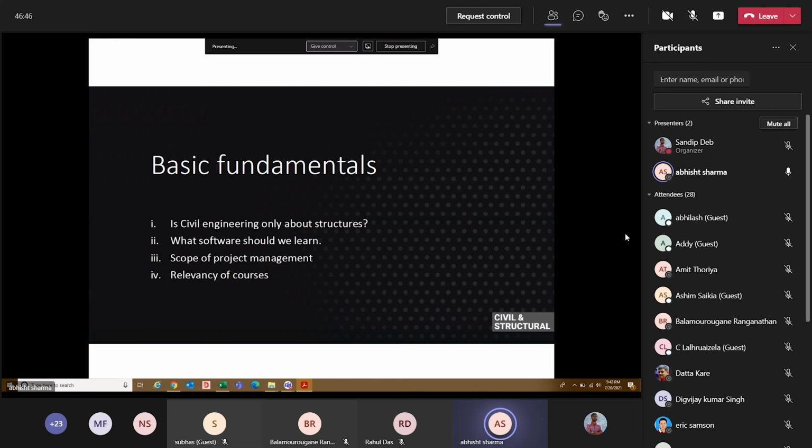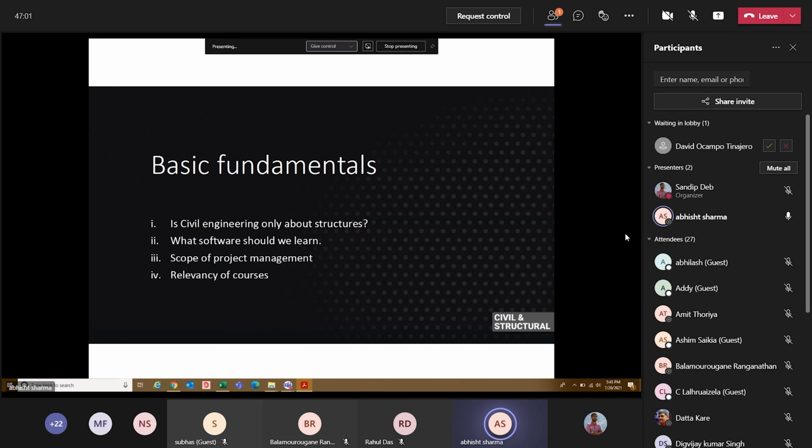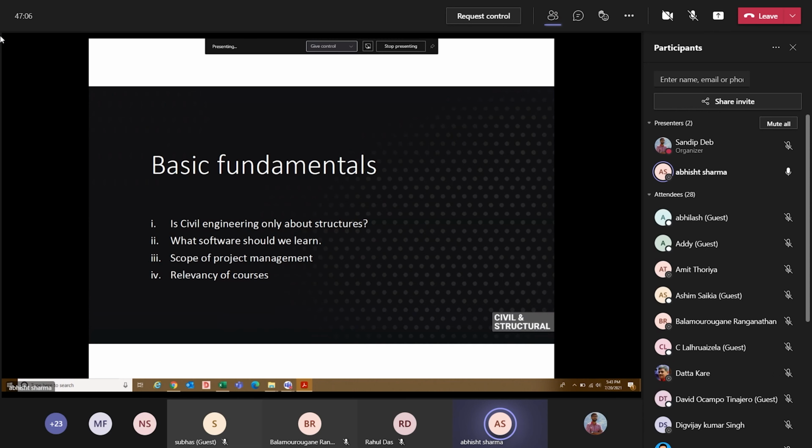So there comes up in the mind of people, what software should we learn? The first thing is that people are going into the 3D market now. They are learning all the FEM, all the plate analysis, all these things. But before moving on to Revit and LUSAS and Sofistik, all these kinds of bigger software, you need to learn the basics first.